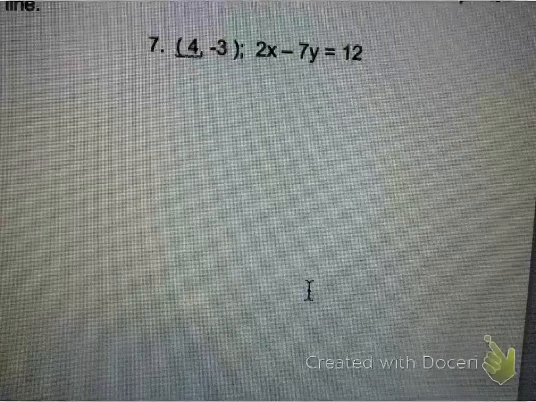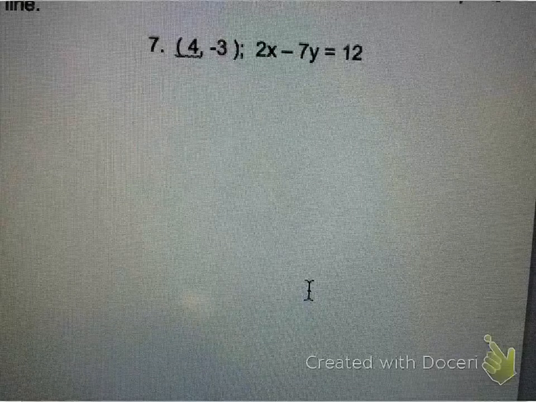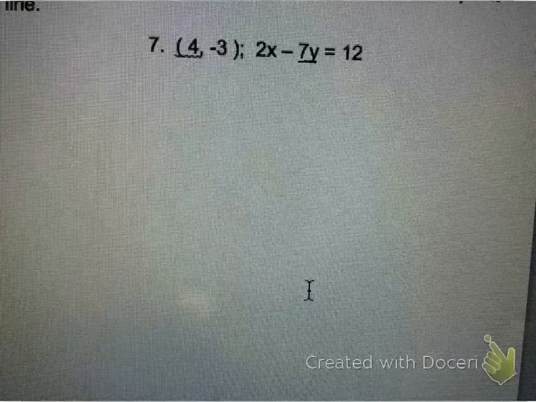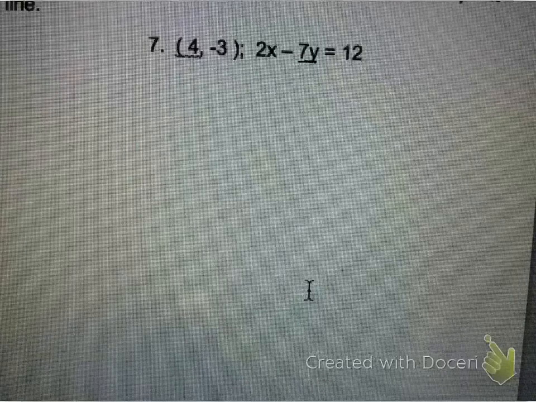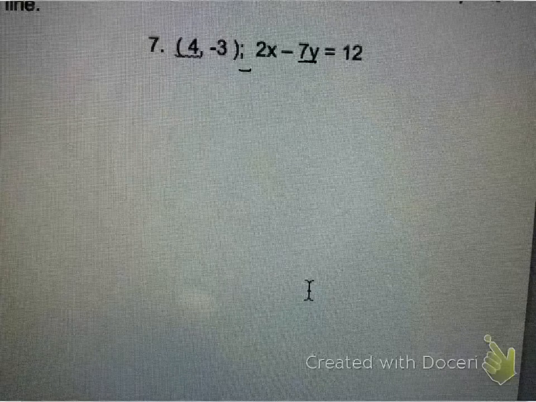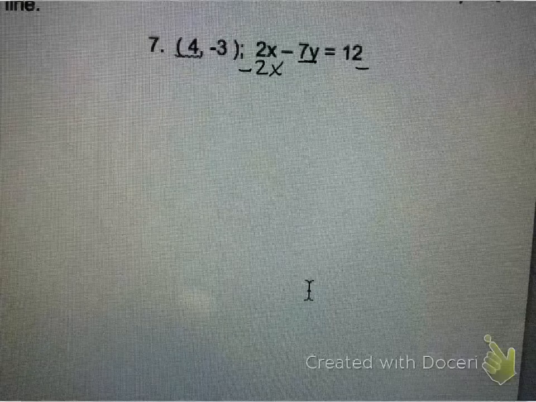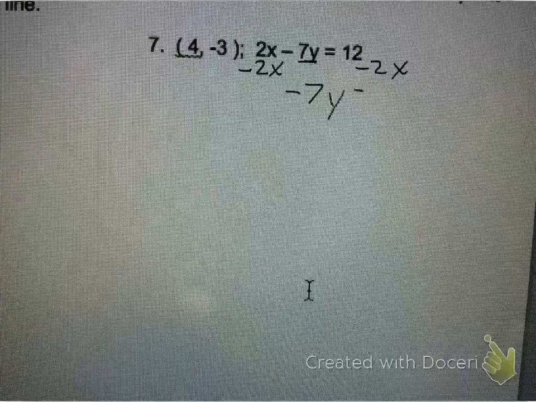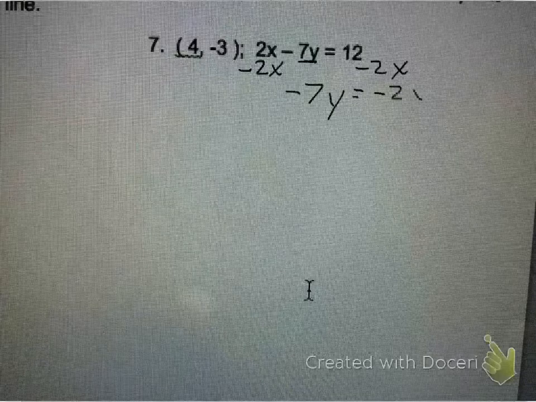Same thing on this one, but this one we've got to get y by itself because y isn't by itself now. So we want to have just that y left, so what do I move away? Subtract 2x to the other side. Subtract the 2x, good. So I'm left with -7y is -2x plus 12.